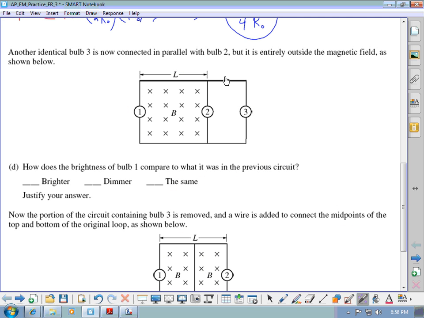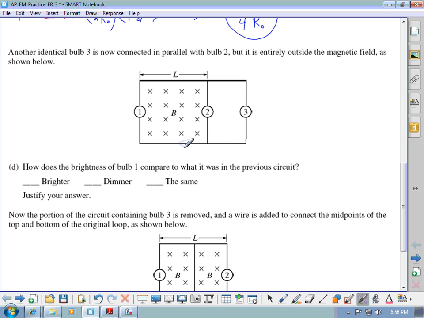And so this flux through this loop acts like there's a battery in that wire. If you think of it that way, and maybe it helps for you to draw it that way, then you can easily see that you have current that's flowing here, and then some goes this way and some goes this way, and then they join back together. You have those bulbs in parallel, but those two parallel bulbs are in series with bulb 1.